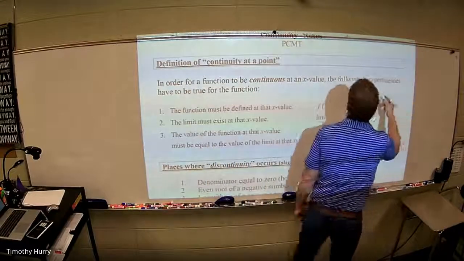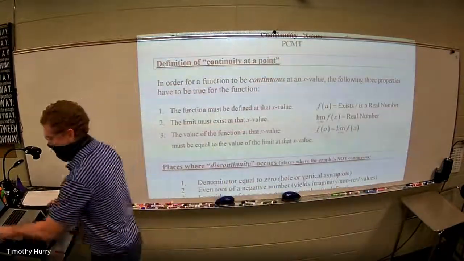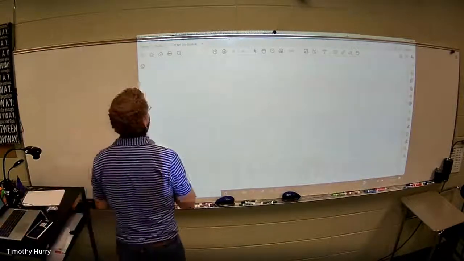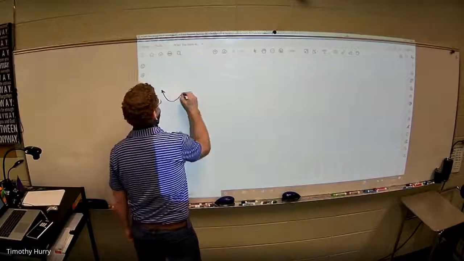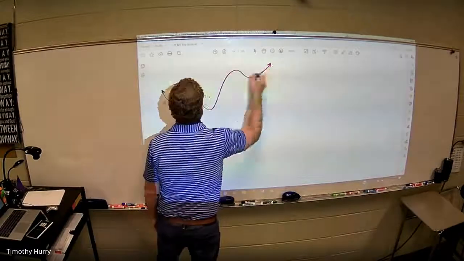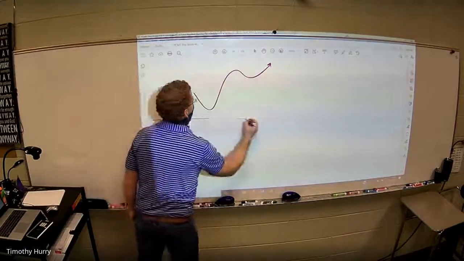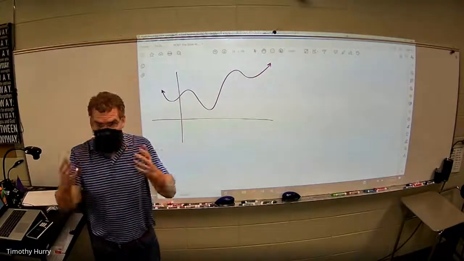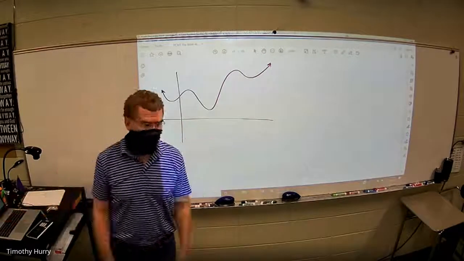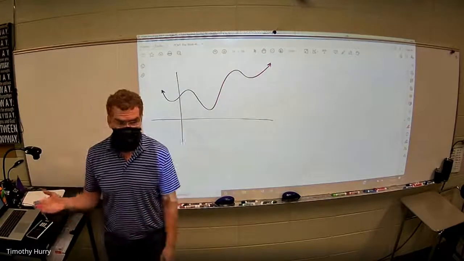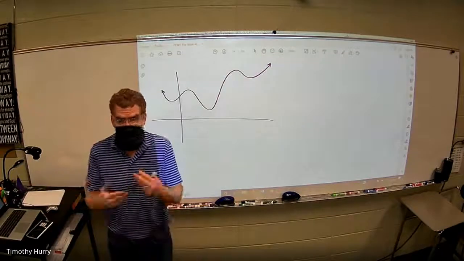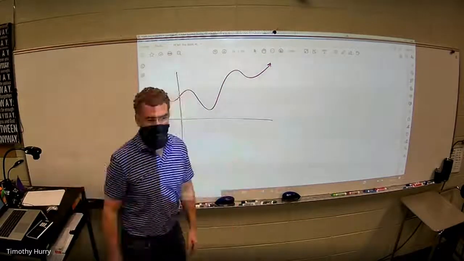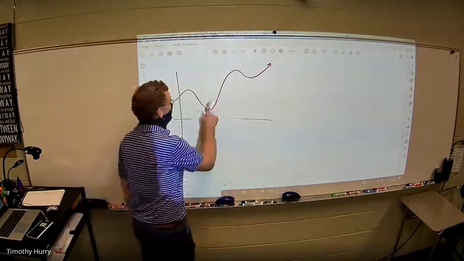If I were to draw a function that looks like this, based on your limited knowledge of the word continuous, would you say that it is continuous? Continuous sounds like there's no breaks, right? It continues. This is a continuous function over the entire domain. Okay? Now, would this be a continuous function?